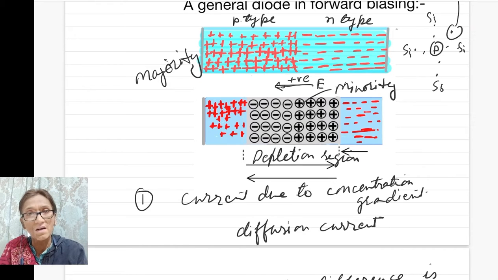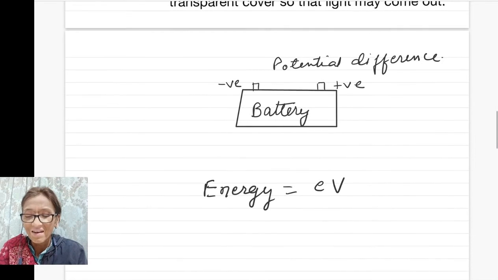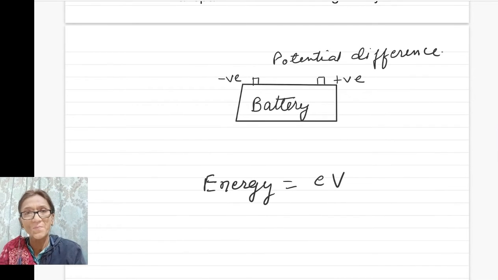Now, consider that when one side is positive, another side is negative. Consider a battery. Here you have a battery. A battery has 2 terminals, one positive and one negative.